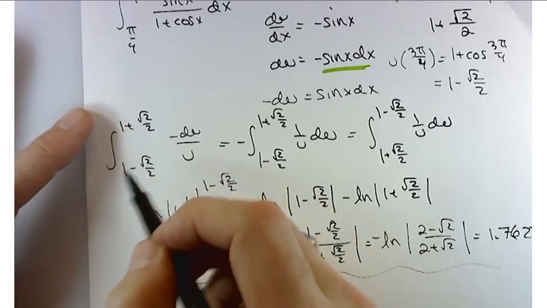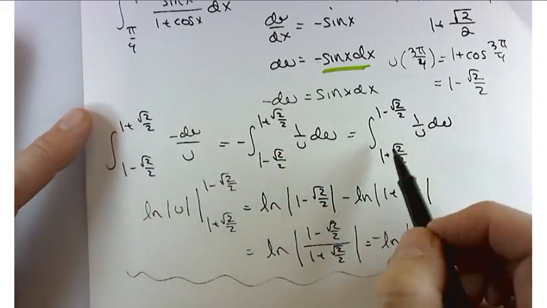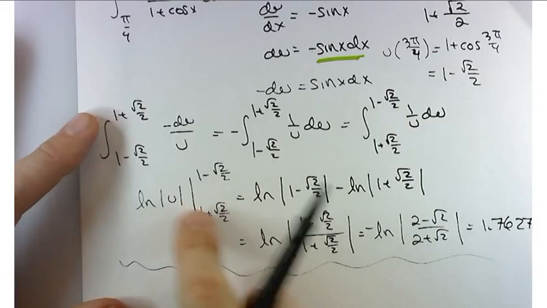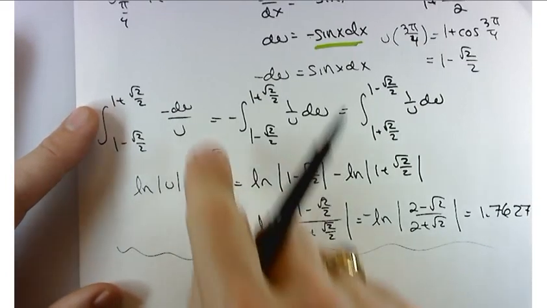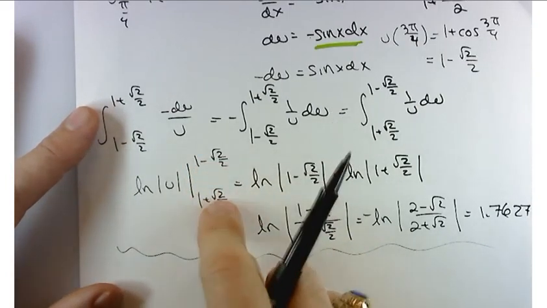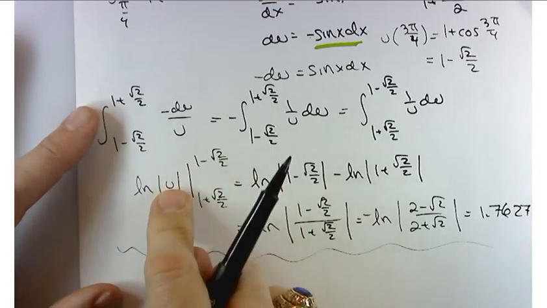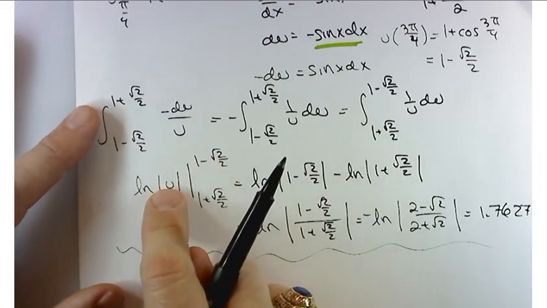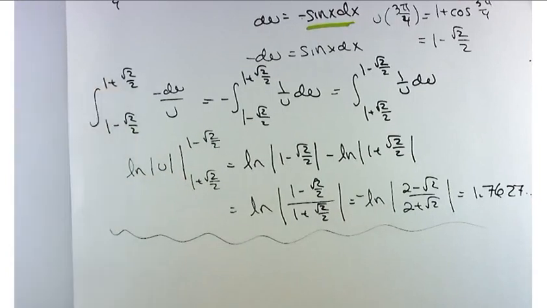So you'd write A to B, and then once you found the antiderivative, you'd replace A and B with your original limits, pi over 4 and 3 pi over 4, and then go back to the expression 1 plus cosine of x. So that would be the way to do it. You'd end up with the same thing. It's just a different way to do it. I like changing limits and being done with them as opposed to going back to units of x.